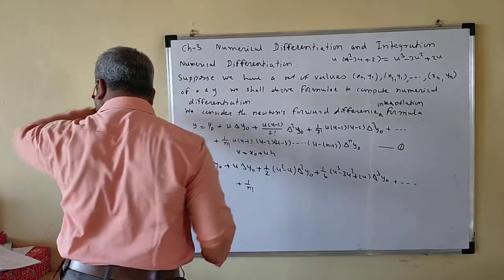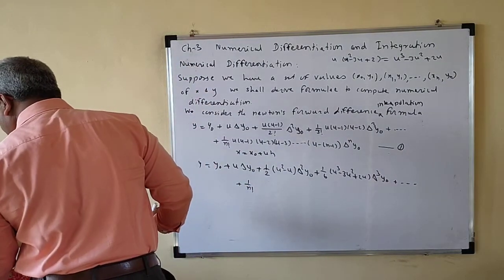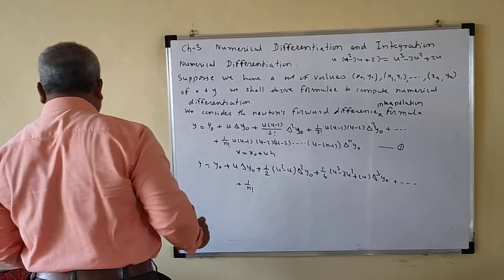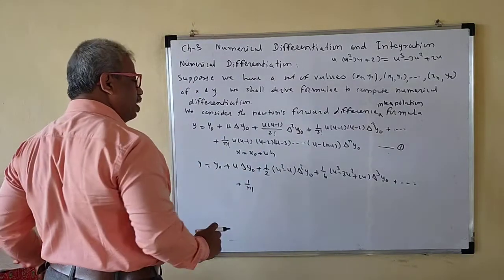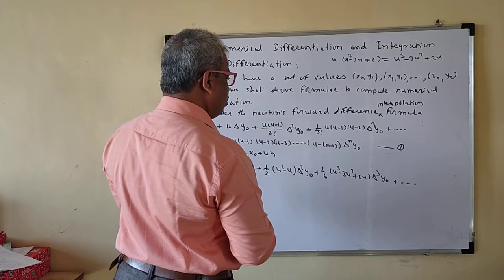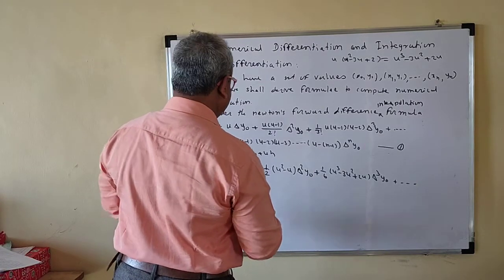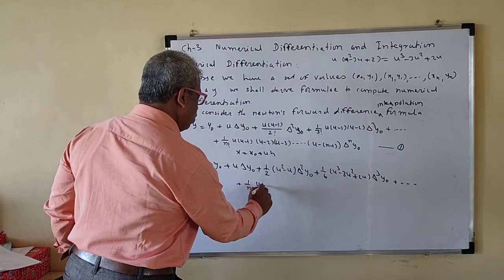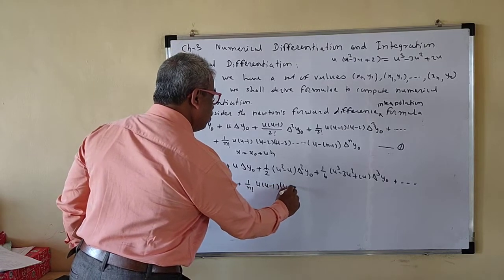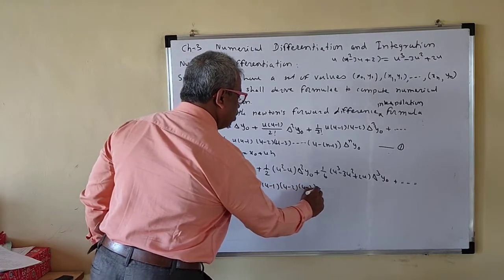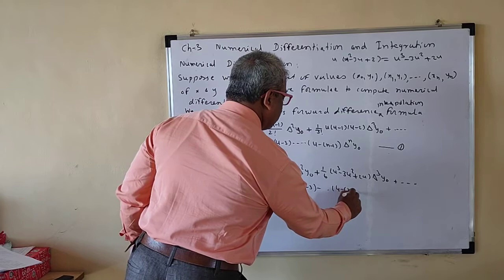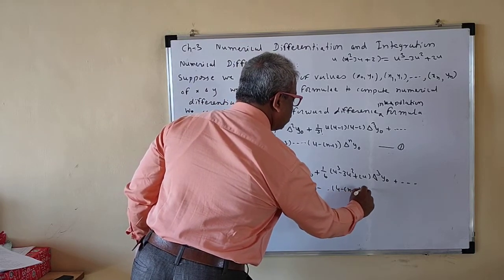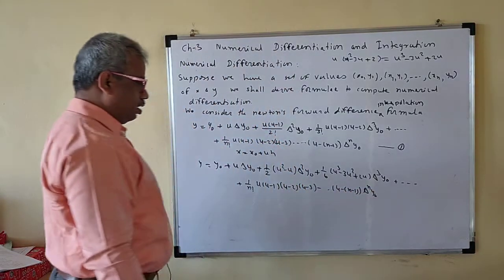So how to expand this? We are ignoring this. Plus, we just write 1 upon n, u minus 1, u minus 2, u minus 3, dot dot dot, u minus n minus 1, del raised to n y naught. We are ignoring this.